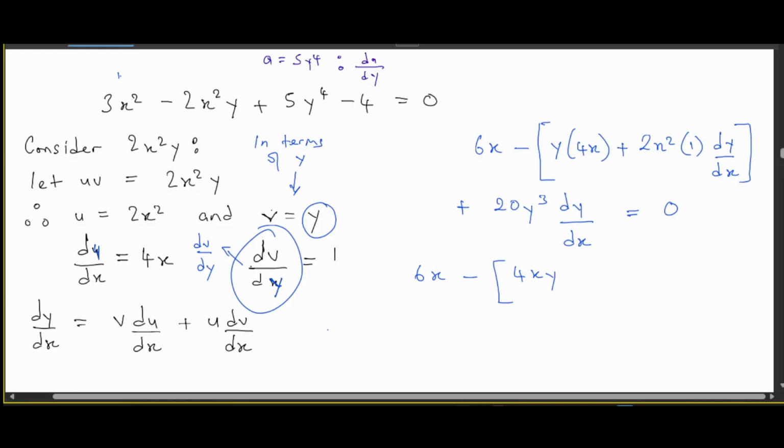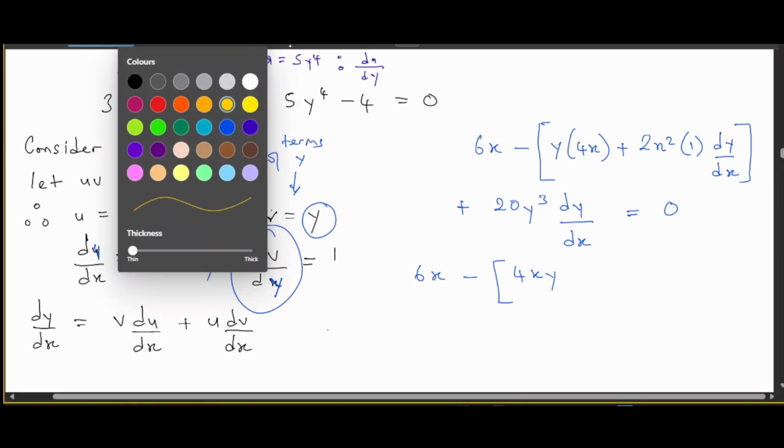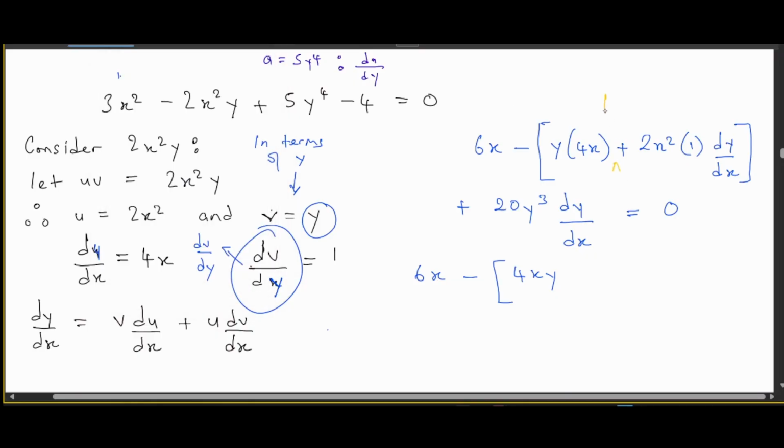But if you are me, you can be asking kuti nemhaka yei panapa tikunyora y 4x, tikuregerei kubva tanonyora dy dx. So I want to confirm if you have this confusion kana kuti hamuna, ndirege kutsanangura zvinhu zvamusina confusion over.